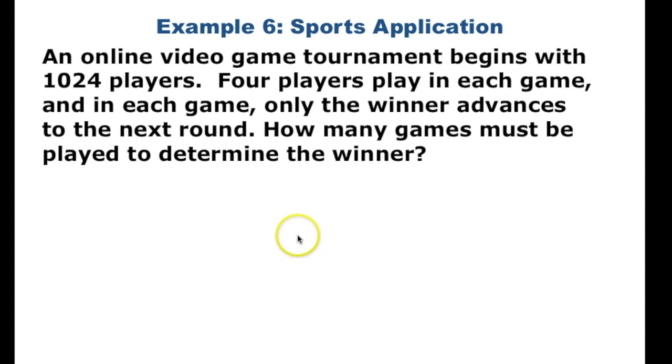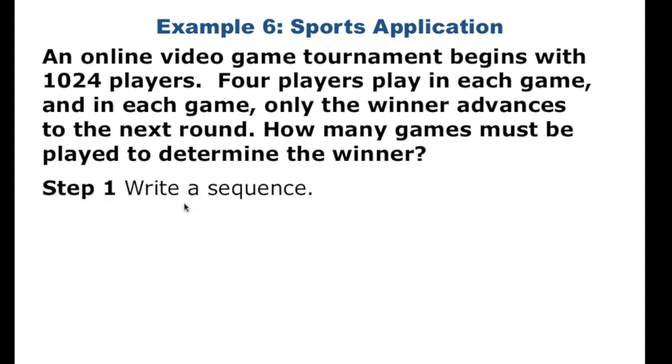So here's an application. An online video game tournament begins with 1,024 players. 4 players play in each game, and in each game only the winner advances to the next round. How many games must be played to determine the winner?